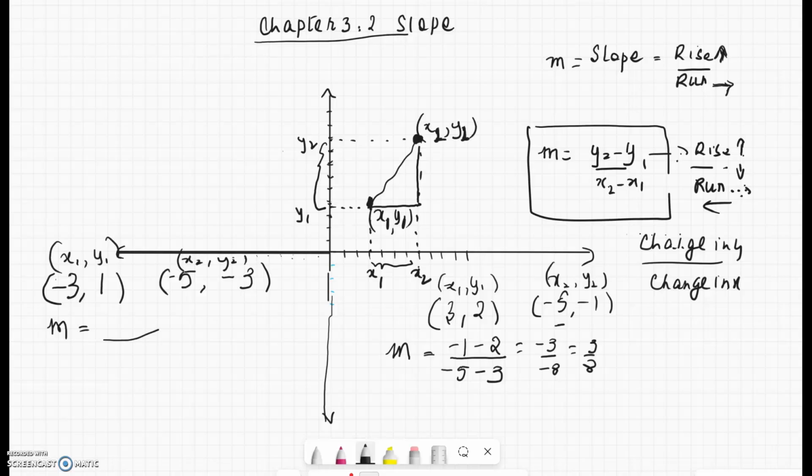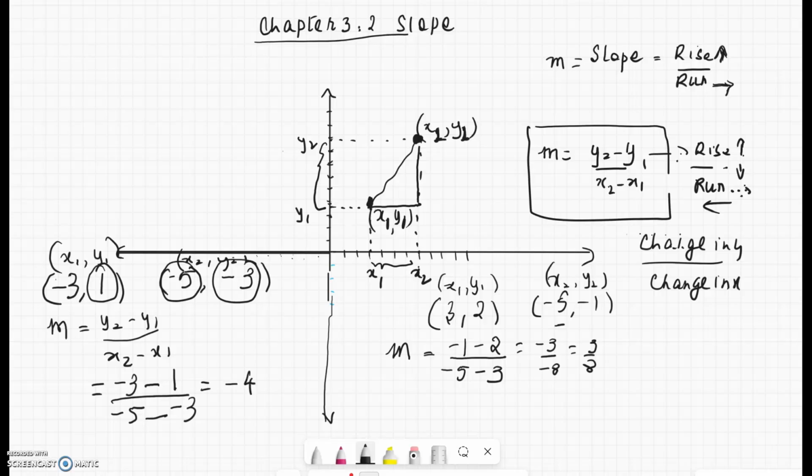The slope is y2 minus y1 over x2 minus x1. So this is y2, -3 minus 1, which is y1, over x2, which is -5, minus -3. Be very careful with the signs. So that's -4 over -5 plus 3.